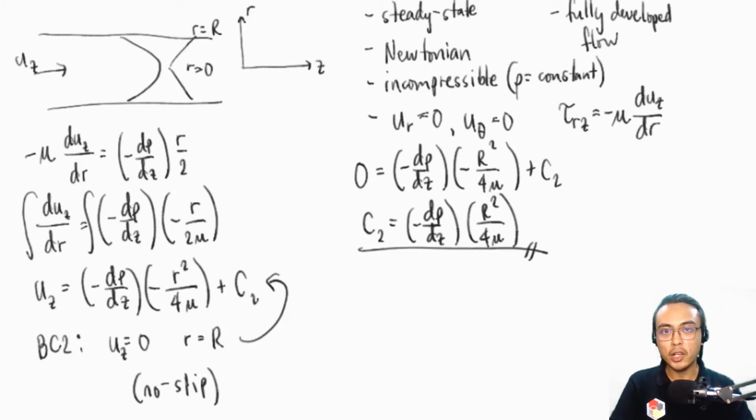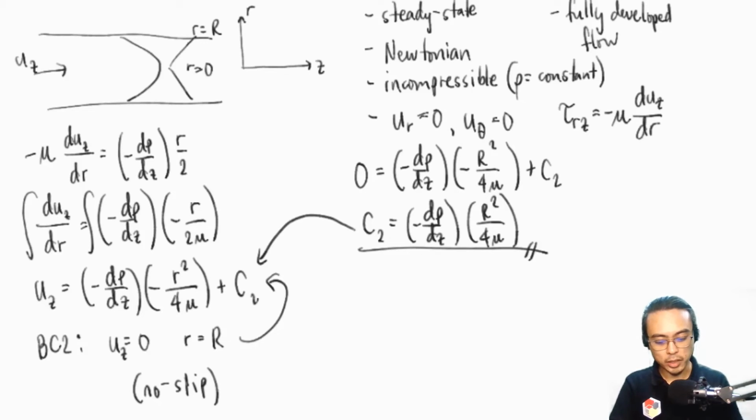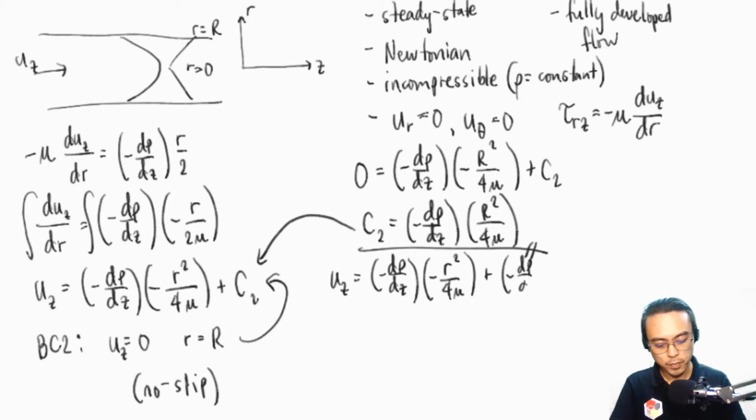And with that value of C2, we can now substitute this back to our velocity profile. And we now have our final velocity profile. And that is u sub z is equal to negative dp over dz times negative small r squared over 4 mu plus negative dp over dz times big R squared over 4 mu.